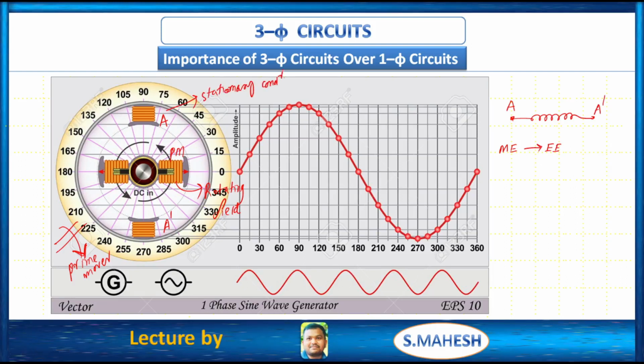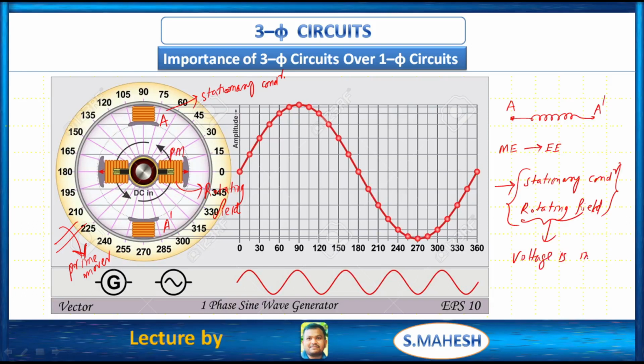We have a stationary conductor and a rotating field. So obviously, if we have a stationary conductor and a rotating field, voltage is induced. That's it.